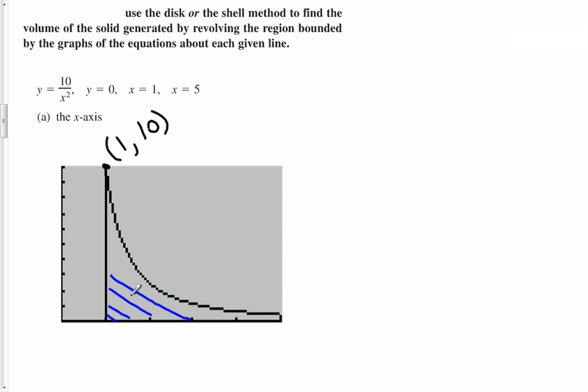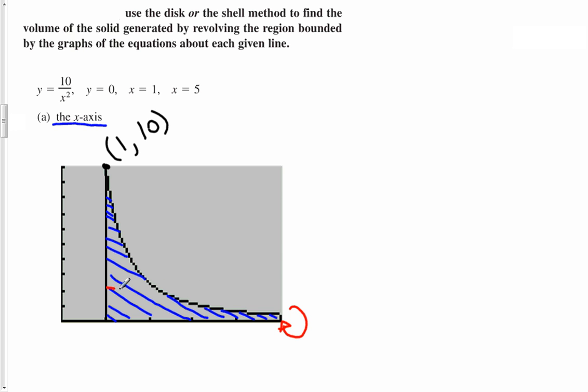We're looking at finding the volume of a solid generated by revolving this region that I'm shading blue about some axis. And the first axis of revolution that we're going to look at is the x-axis. So what if we take this region and revolve it about the x-axis? Well, since that's a horizontal axis, I want to draw a representative rectangle that's also horizontal.